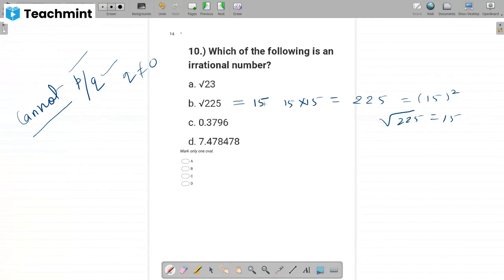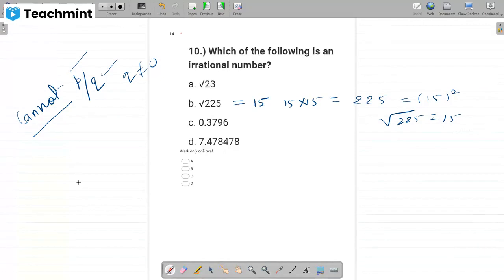Now when you observe these two numbers, if you remember the definition of irrational numbers, it depends on the decimal expansion.